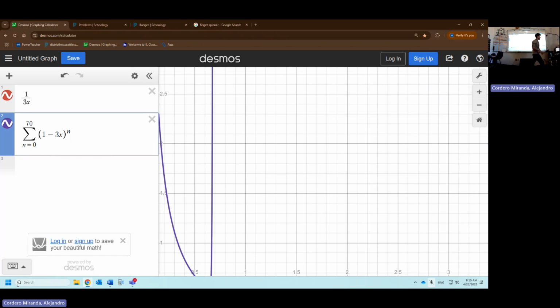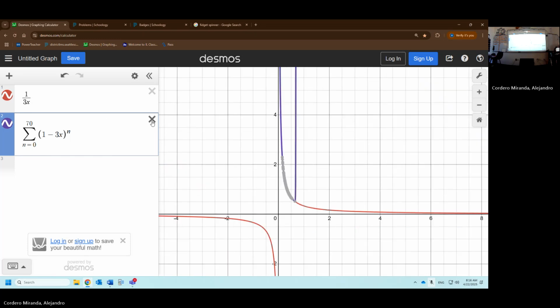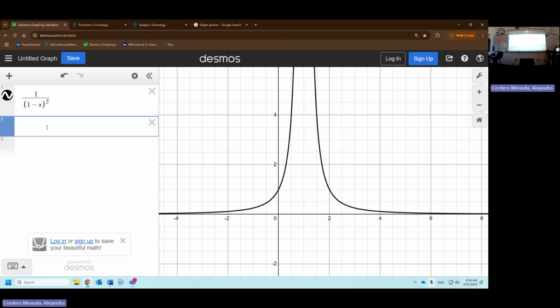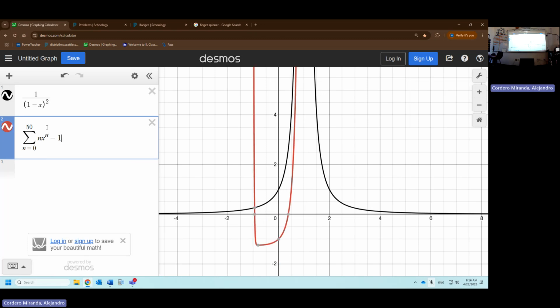But here's us checking our answer, just because I like doing it. The function was this. Trying to match that with a series, we said it should be the sum from 0 to infinity, but let's get it up to 50, of n times x to the n minus 1.